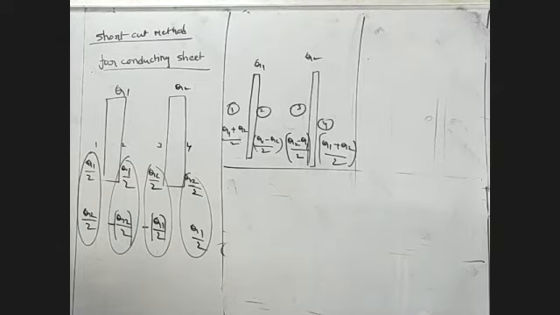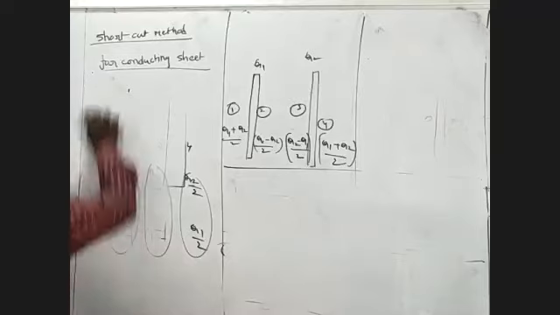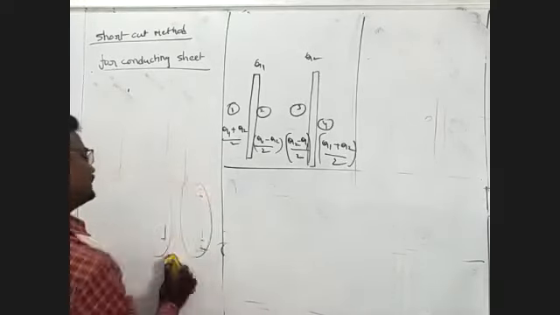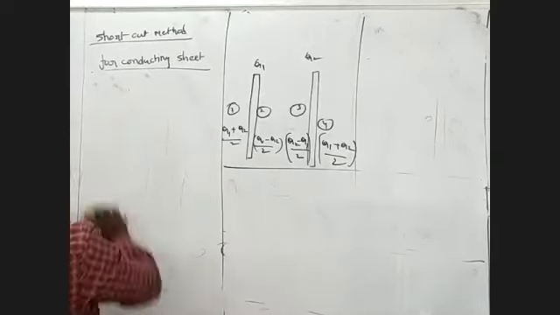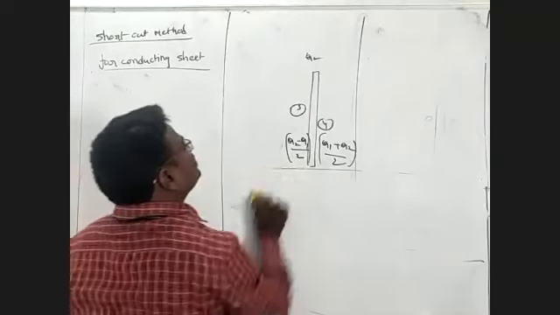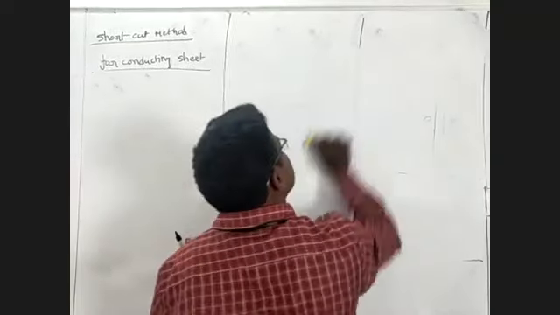Next, one more shortcut method. This is for two plates. Suppose they are giving three plates. How can we calculate this?